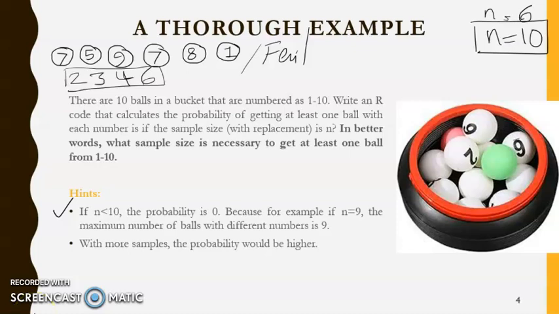Let's go with another experiment where n is 10 and it is a success. For example, the first one I take is 7. This is the first ball. The second one is 5, 9, 8, 1. You have 5. What is the next one? If I want it to be a success, it cannot be any of these numbers, because it is 10 and I only have one chance for each number.